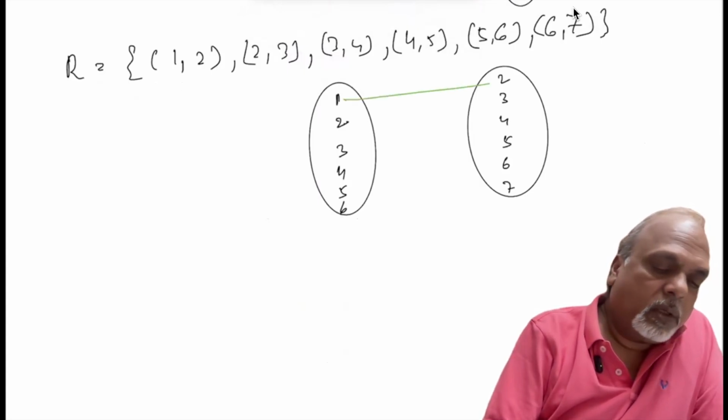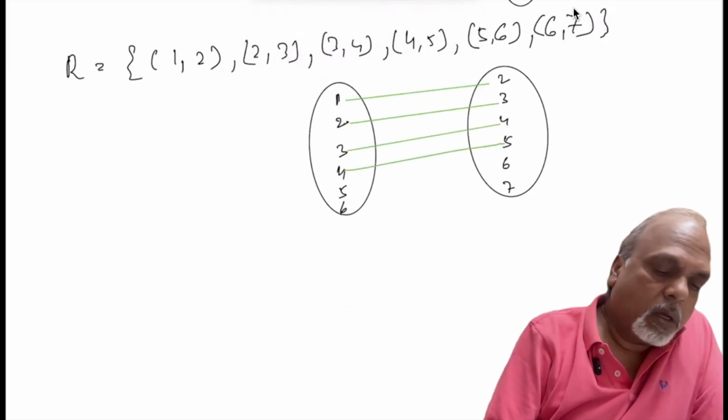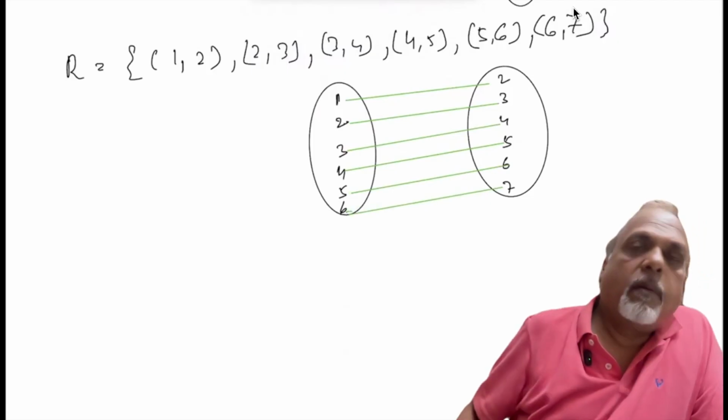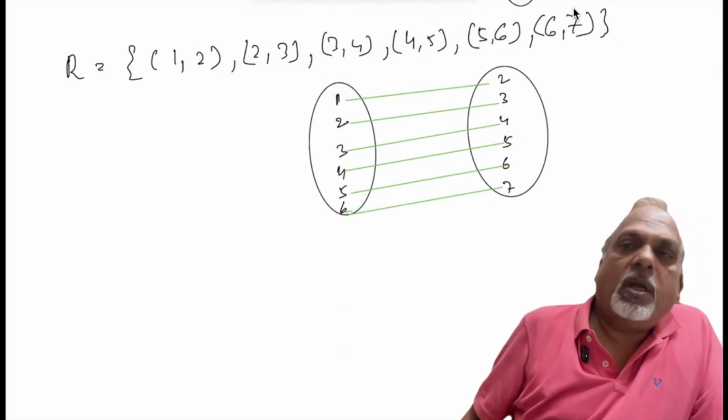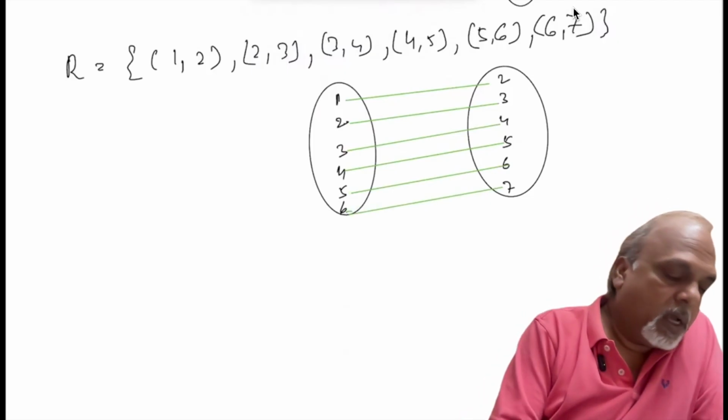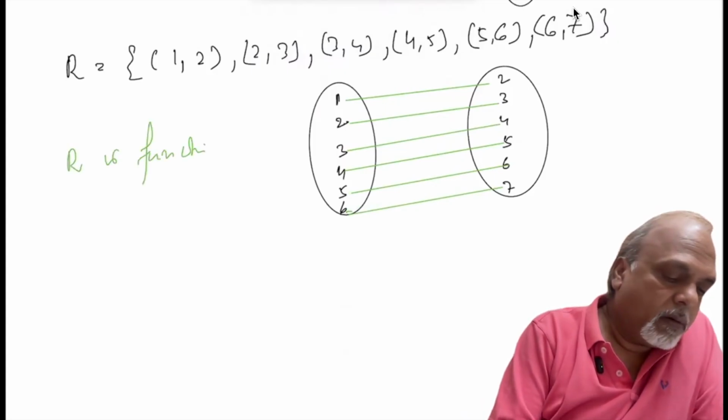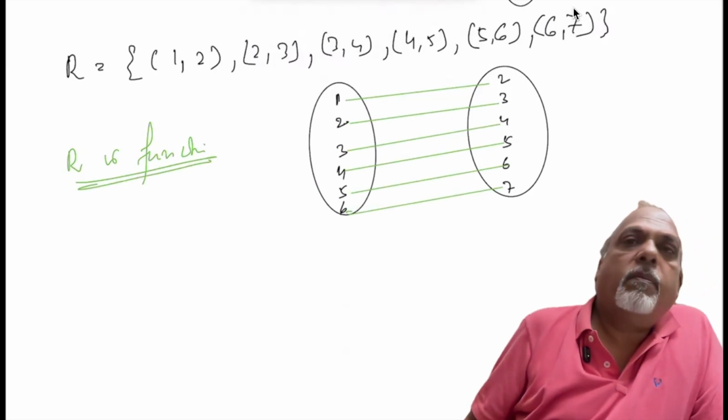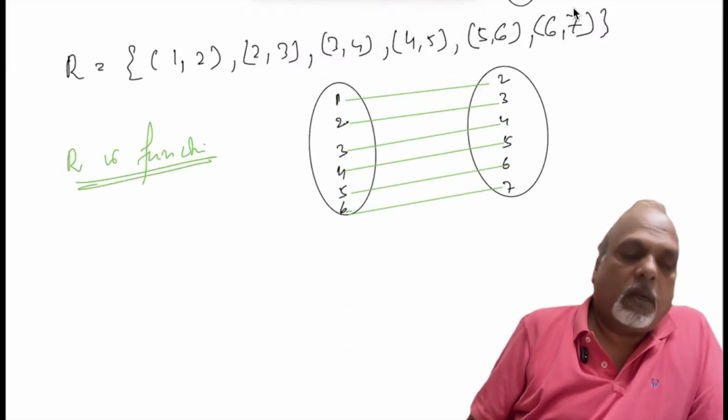One is related like this. So every element of domain has got a distinct image. So R is a function. I hope you understood this.